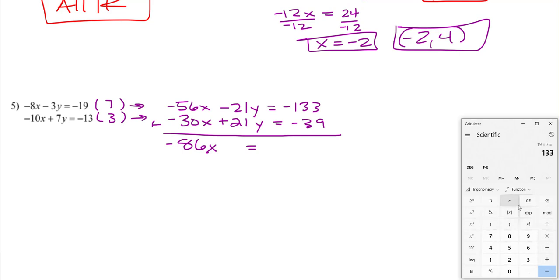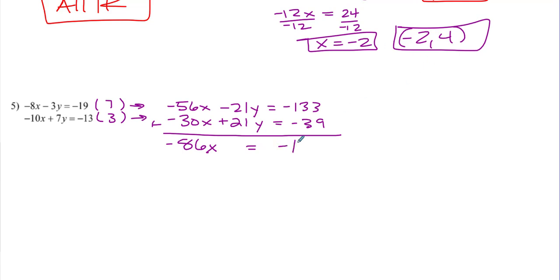Good thing we got calculators. Let's clear this out. So we got 133 plus 39. A negative plus a negative will end up being a negative. So we got negative 172. And it looks like that will divide. So we got x is equal to positive 2.